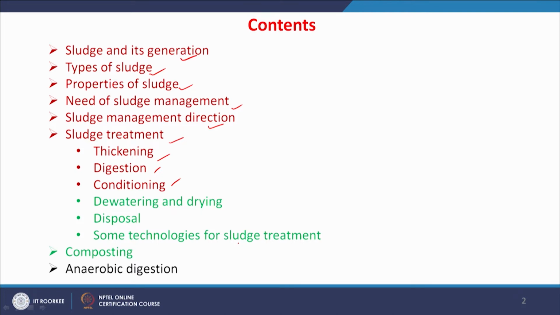We also discuss composting and anaerobic digestion. These are also part of sludge management and treatment, but we will have more discussion on composting and anaerobic digestion, and we will discuss these contents in 3 classes. In the first class we will discuss up to this, in the second class this part, and in the third class we will discuss anaerobic digestion.